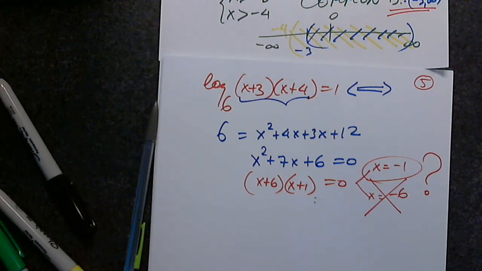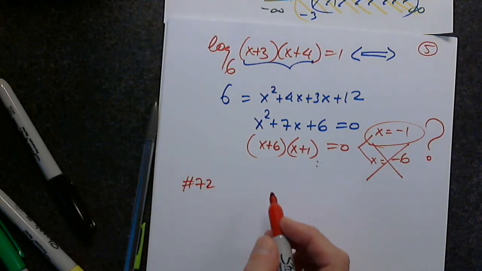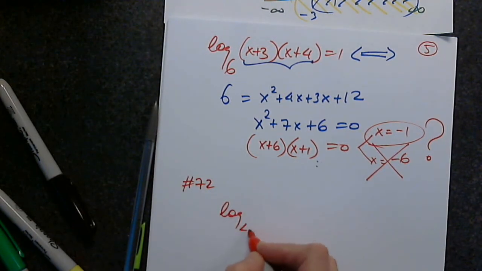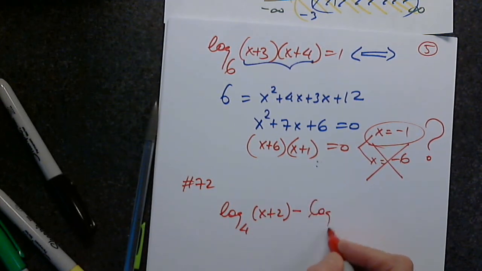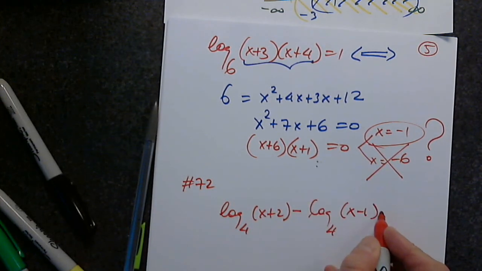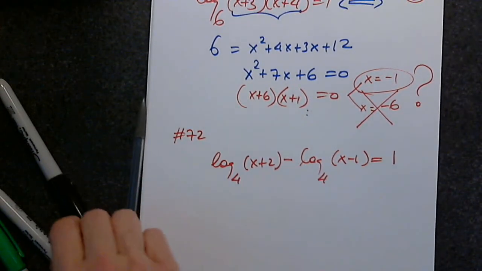Okay, 72. Log base 4 of x plus 2 minus log base 4 of x minus 1 equals 1. I see 2 logs. I have to find their common domain to see where they both exist.